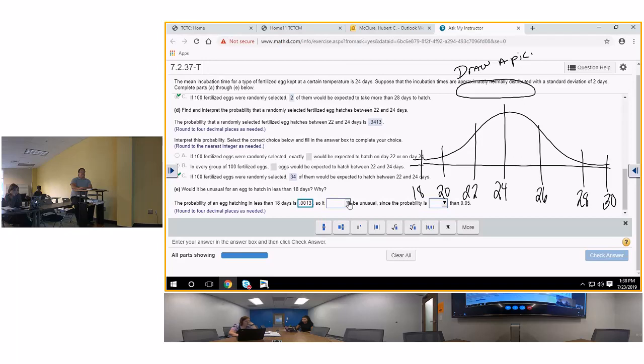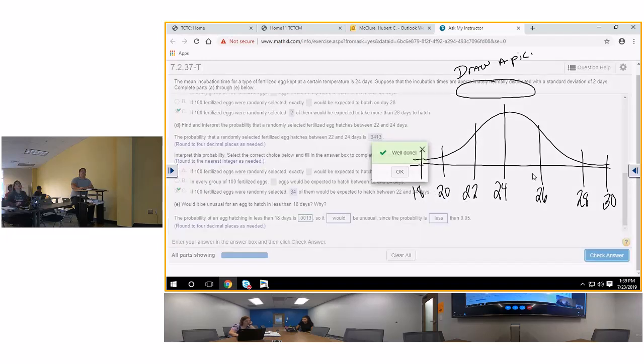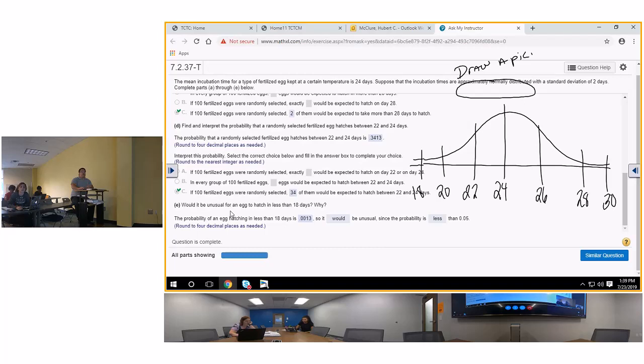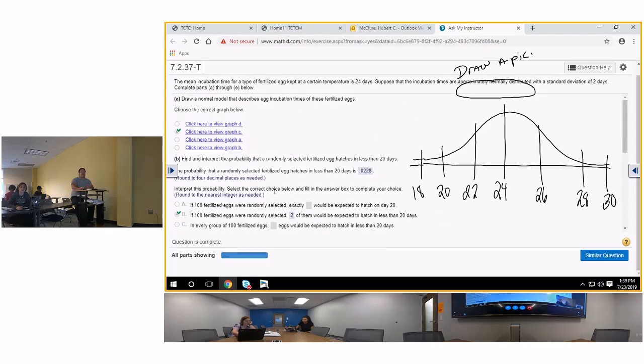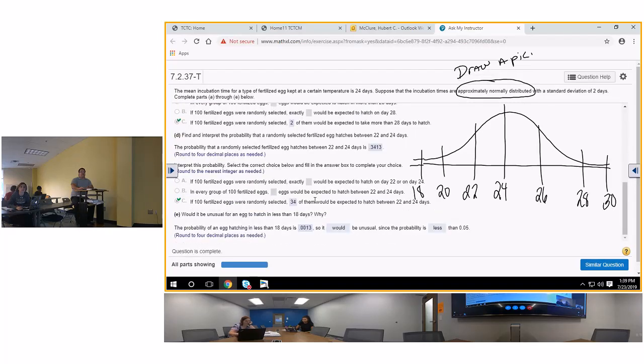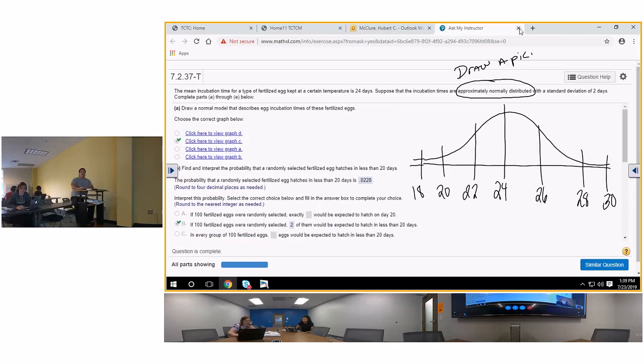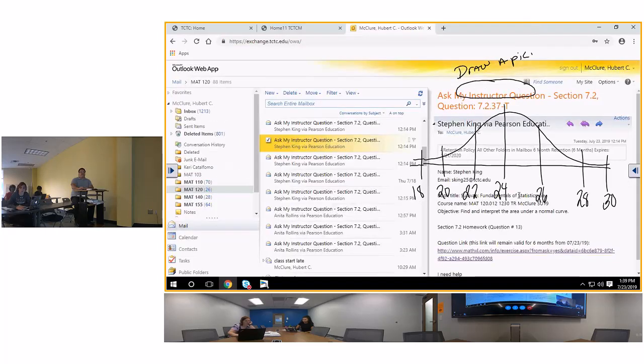And that's going to be very unusual, since the probability is less than 5%. Remember me telling you, if it's less than 5%, it's an outlier or it's unusual. Good homework question, but I would not ask that on a test because there are too many parts and then you might quit, which I want you to quit, but okay, you need to quit distracting people.